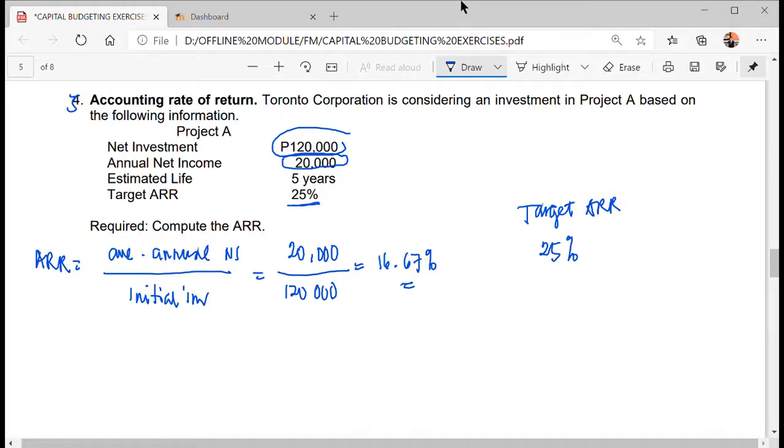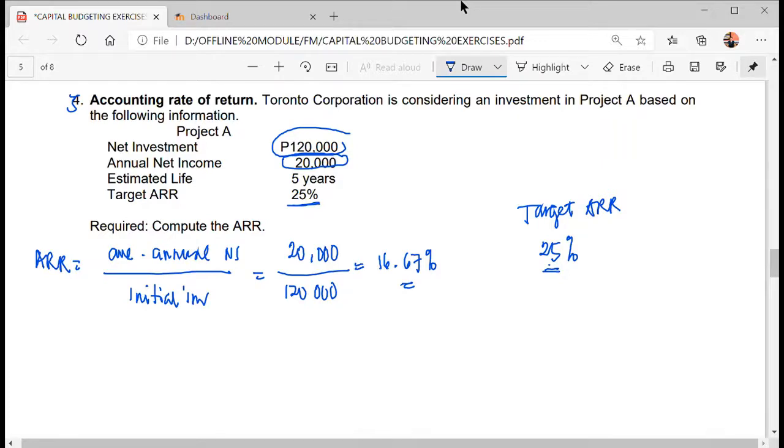So, what is the decision rule regarding ARR? It should be equal to or greater than your target ARR. Because this 25% is what you would like to get from your investment.